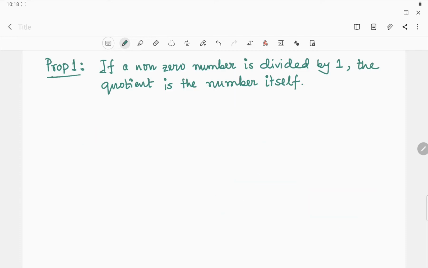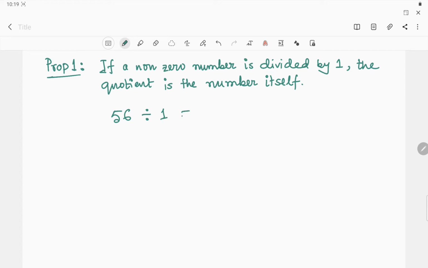So prop 1 means property 1. If a non-zero number is divided by 1, the quotient will be the number itself. Okay, so let's take an example. Suppose I want to divide 56 by 1.